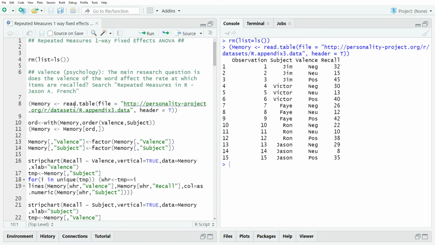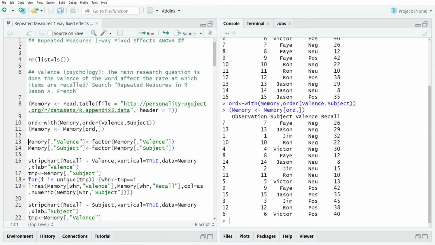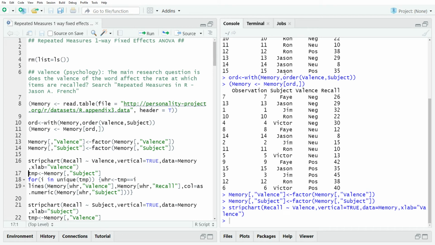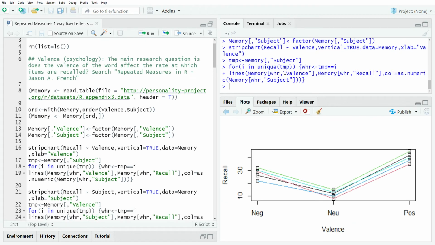Now it's sorted by subject and then valence, but valence is our treatment, so we need to sort it by valence and then subject, and so that's what I do here. So it's sorted by valence and then subject. I want each of these to be factors, so when I plot them, we get this.